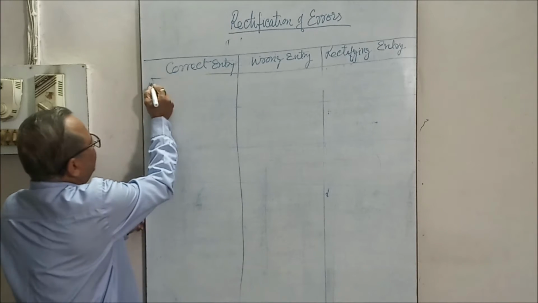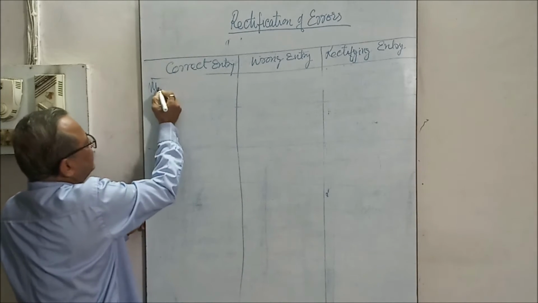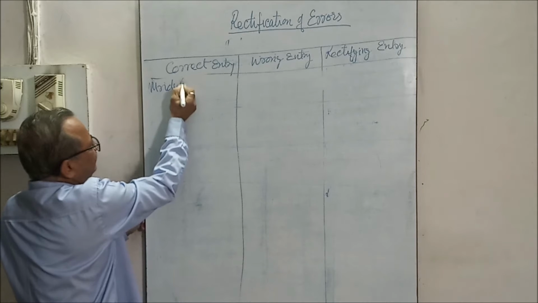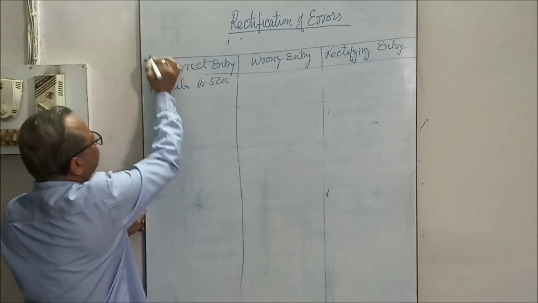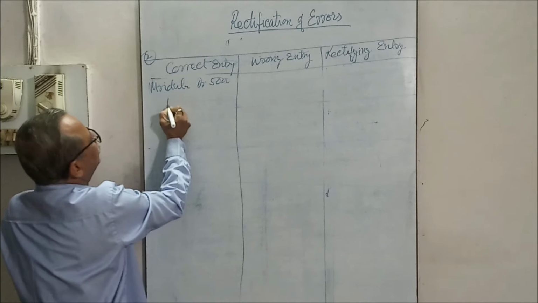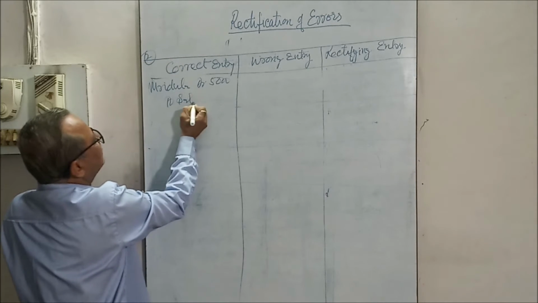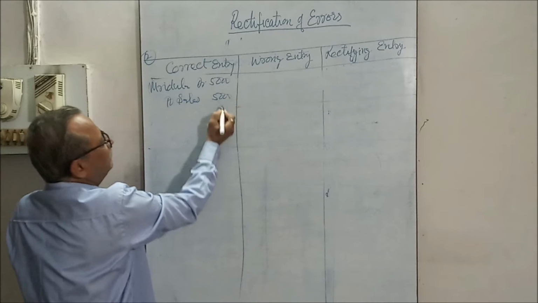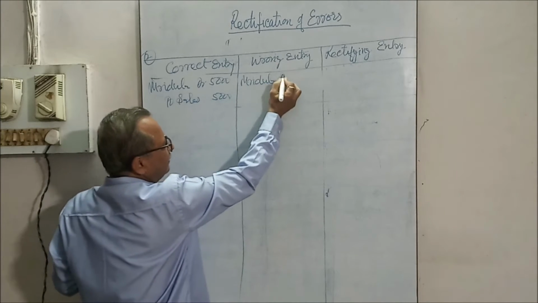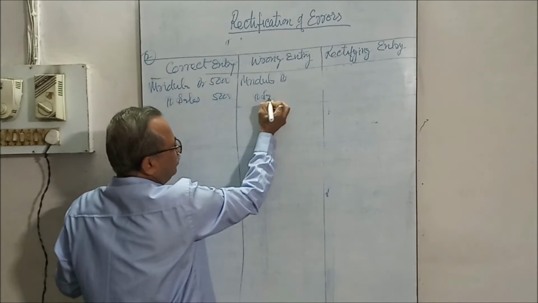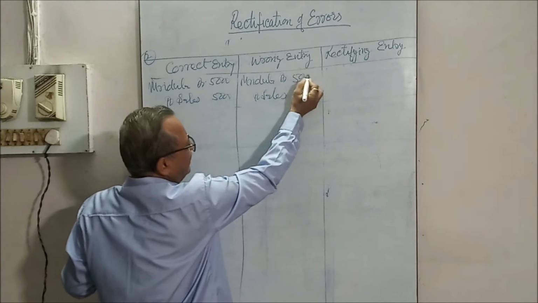The entry should be Mridula debit rupees 5,000 to sales rupees 5,000, but was entered as Mridula debit to sales rupees 500.